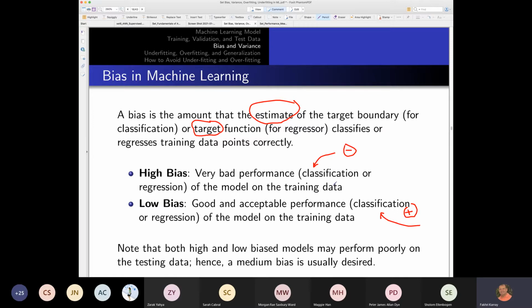So we would like to balance our machine learning model by having, at the end of the day, an acceptable bias that is low, and an acceptable variance, for the performance of the system. And we are going to see the metrics for defining and validating these items.